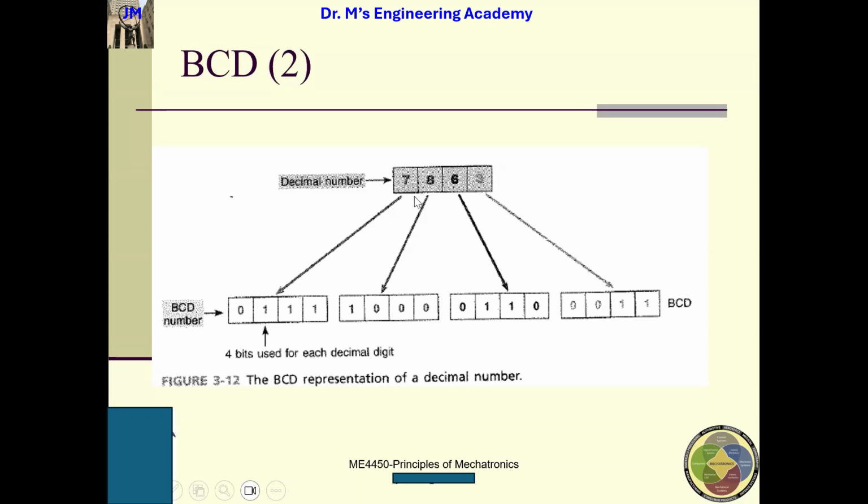So you need to know how to do this correctly, right? The key is that for each of these decimal digits, you know how to convert it into a binary number. Make sense? I'm going to give you a number in the exam and ask you to convert this decimal number into its corresponding BCD number.